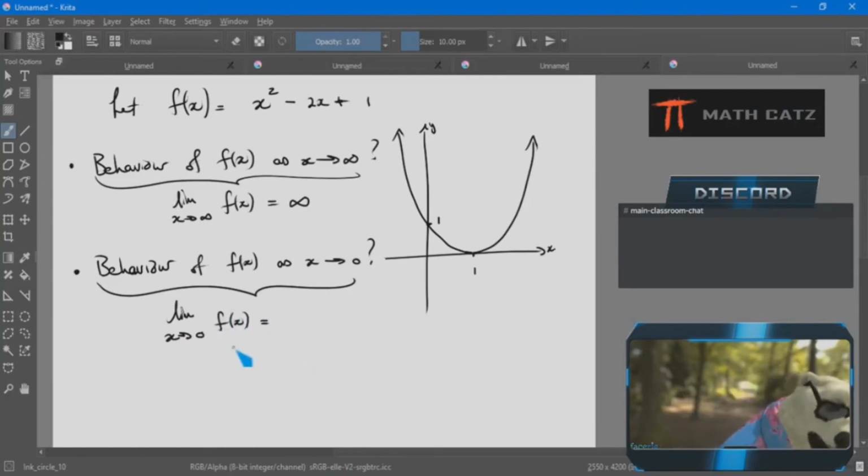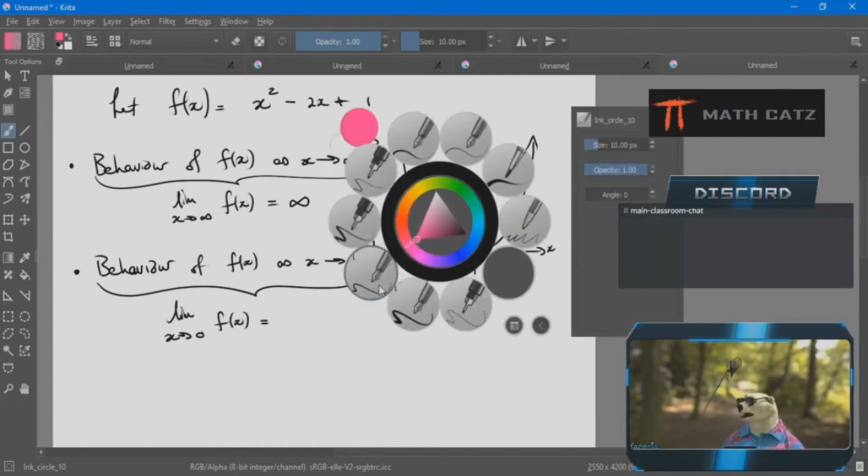Of course, what the function is the deciding factor for what the answer is. I then look at my function. I see, oh, it's a nice parabola. As I approach 0, or around x equal to 0, the y value, let's pick a color. Let's go pink.